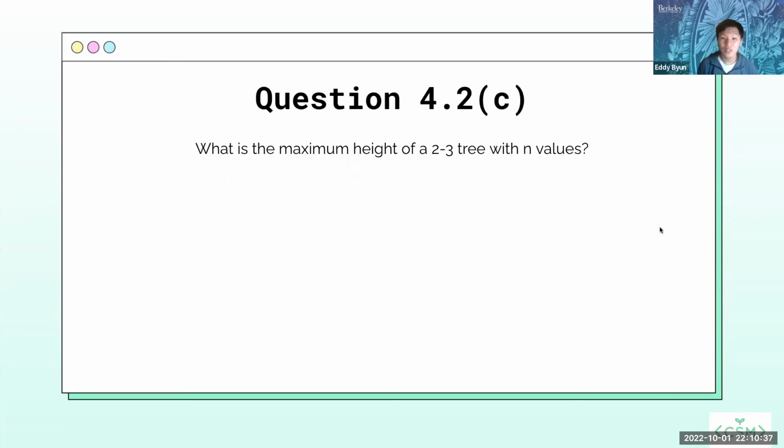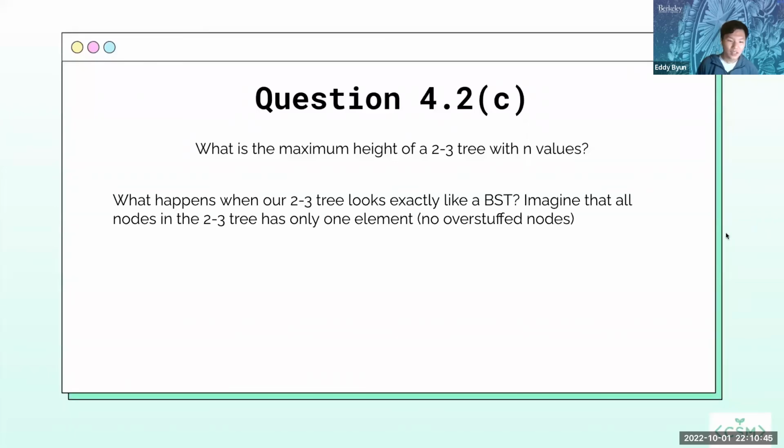4.2c asks, what is the maximum height of a 2-3 tree with n values? So let's consider what happens when our 2-3 tree looks exactly like a BST. And let's imagine that all nodes in the 2-3 tree have only one element, so there are no overstuffed nodes. So why are we considering the case where there are no overstuffed nodes?